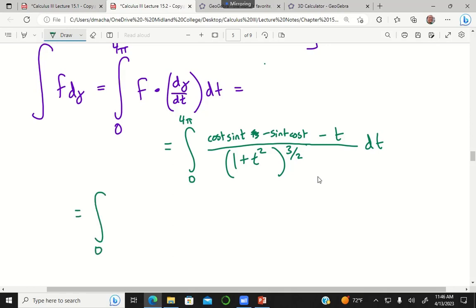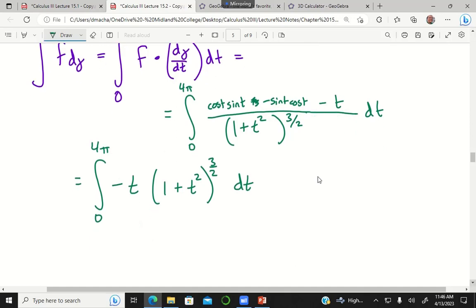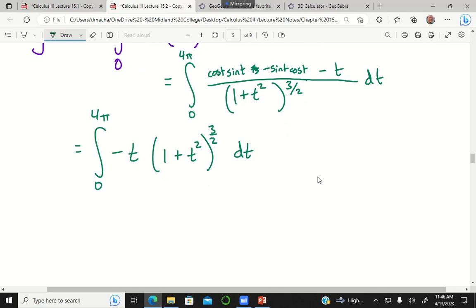And I have the integral from 0 to 4 pi of negative t times 1 plus t squared to the power 3/2 dt. Of course, we could take out the negative sign because it's a constant. But what should I do here to solve this integral? A u sub, where u is 1 plus t squared.